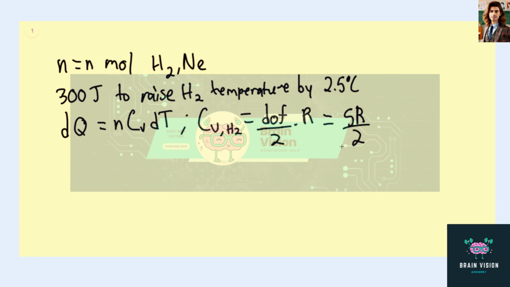So if you were to model the neon as a sphere, there's no such thing as rotational motion with neon. So we can say that CV of neon is going to be equal to 3R over 2, and that's only because, again, there's only 3 degrees of freedom.